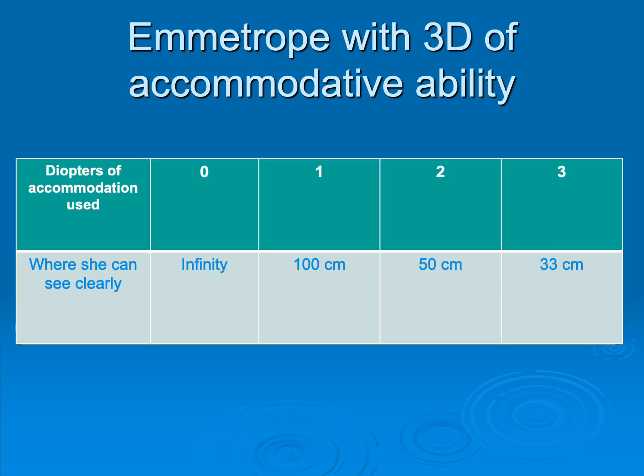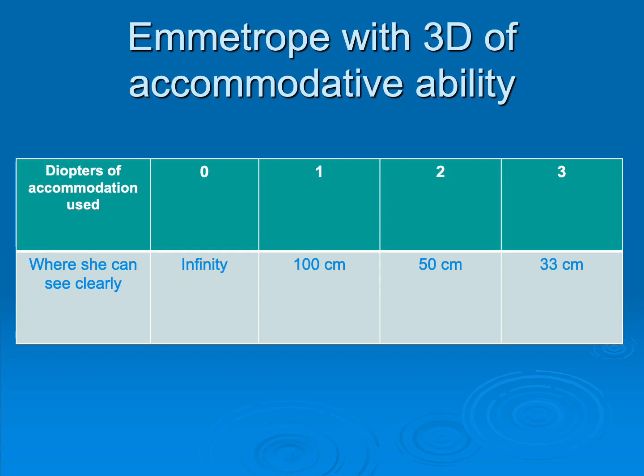So if we look at this as a table, we can see that if I have an emmetrope with 3 diopters of accommodative ability, meaning that that's the most that I can possibly get out of my ciliary body, if I use none of it and I'm an emmetrope, I can see off to infinity because I'm a genetically perfect individual. Well, Emma is, maybe not me, but Emma is.